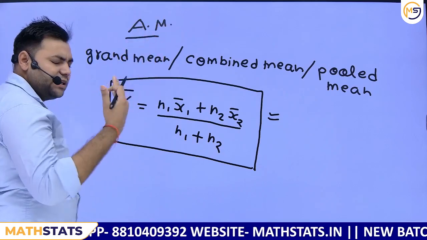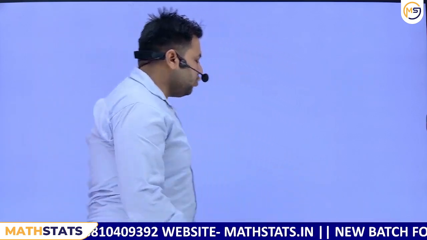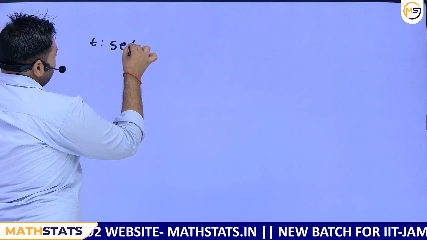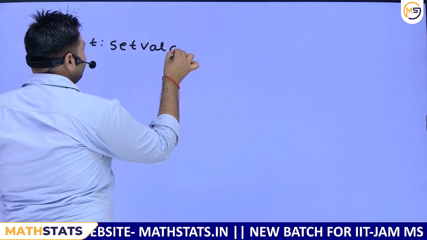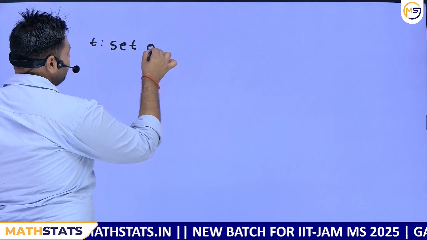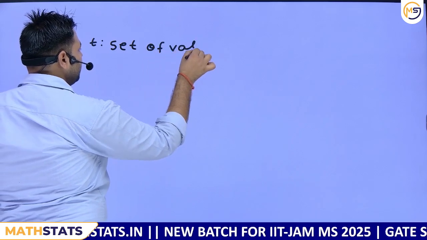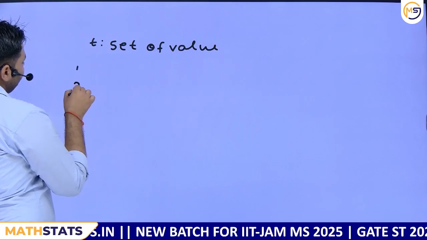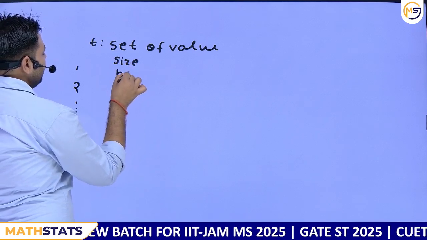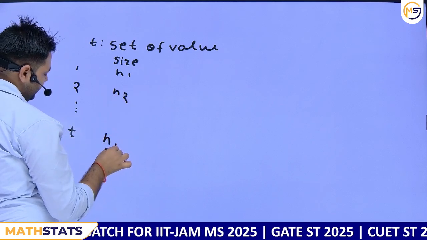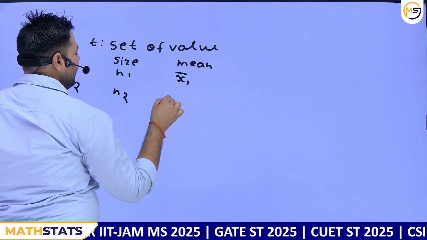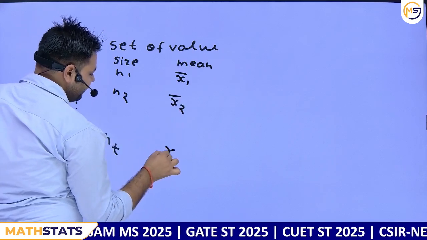Now suppose in general, we are talking about in general. So what is the in general? Suppose we have t sets of values, like 1 to, so on t, and their sizes are n1, n2, and nt, and respective means equal to x1 bar, x2 bar, and xt bar.